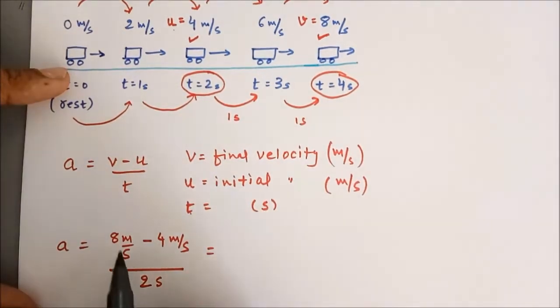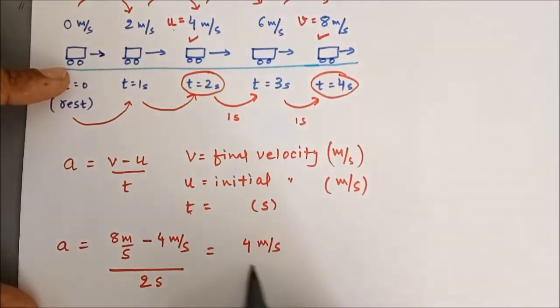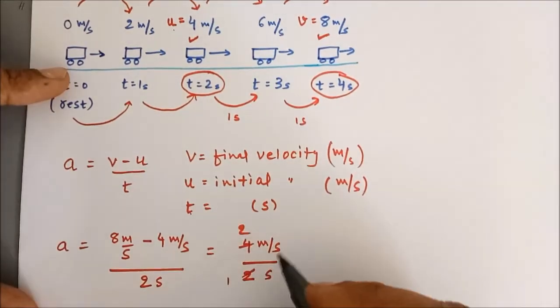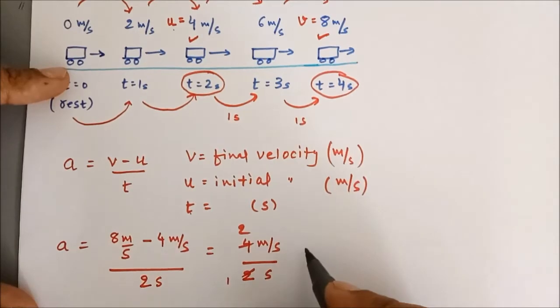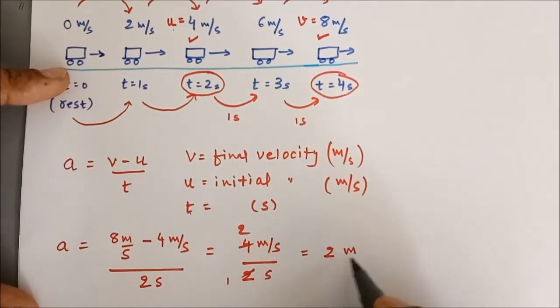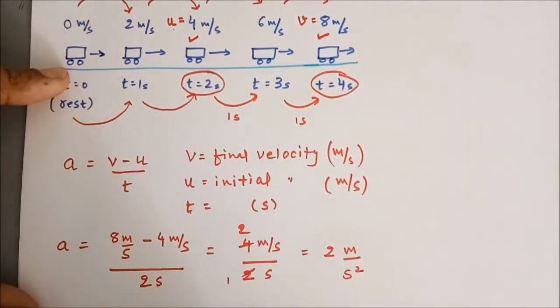Now 8 minus 4 is 4, and meter per second is not cancelled. We are actually pulling this meter per second outside, taking it common, so 2 seconds. 2 ones are 2, 2 twos are... this second and this second are going to get multiplied and it will be 2 meter per second square.